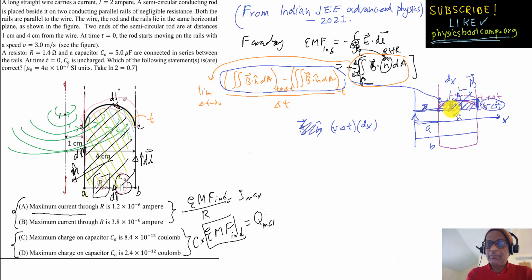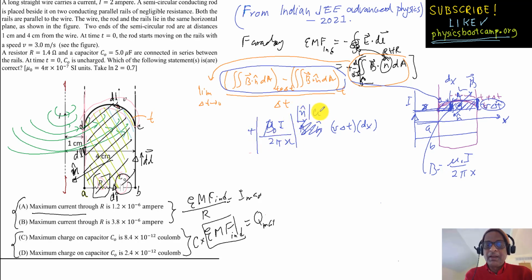And this will be at a distance x from the current-carrying wire. B at that point will be mu naught I over 2 pi x. So this will be minus mu naught I over 2 pi x. Minus because they're in opposite directions, so the angle between them is 180 degrees and the cosine is minus 1, so this becomes minus.